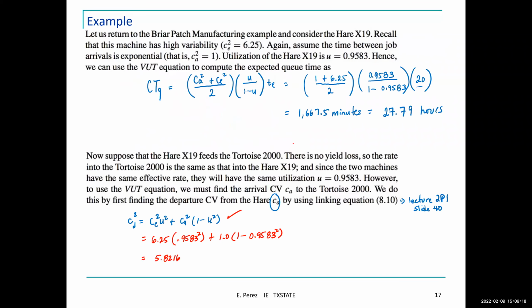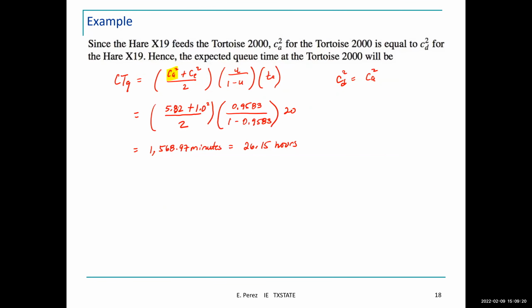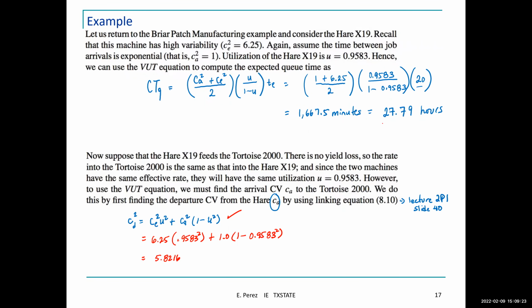So these two numbers are not very different.